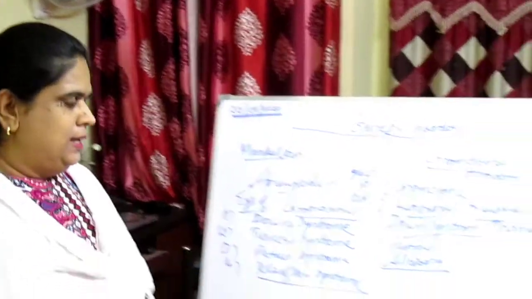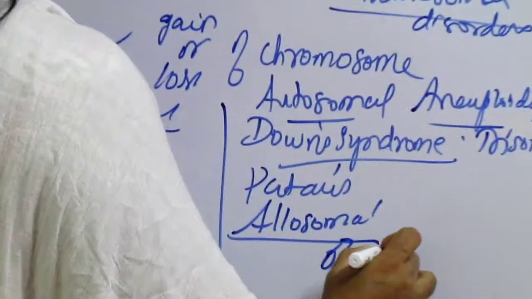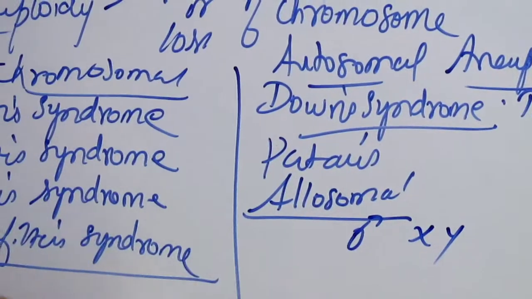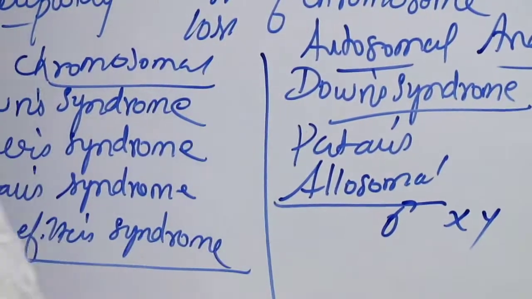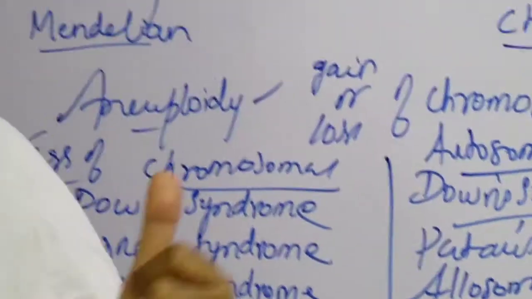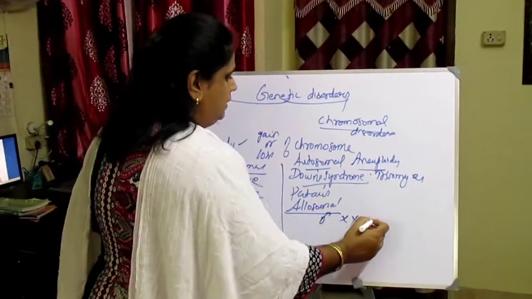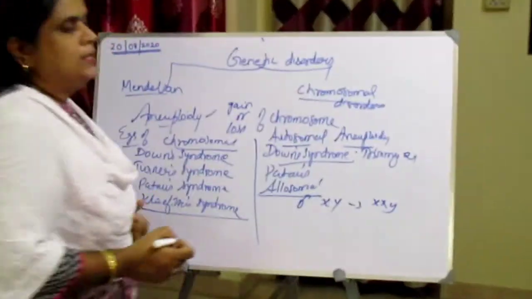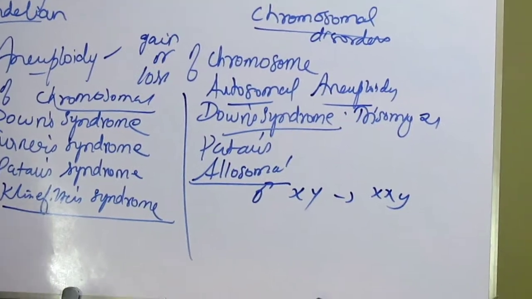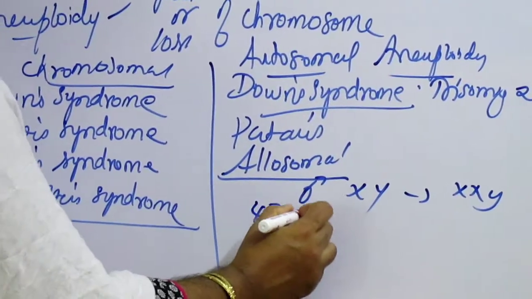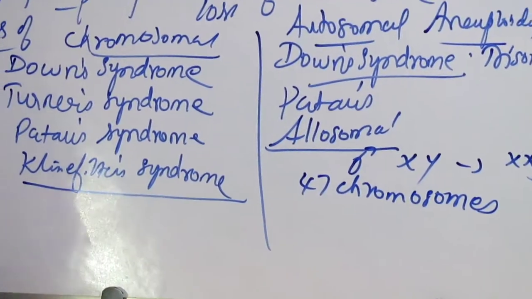Actually, males have one X and one Y chromosome, is it not? But in the case of Klinefelter syndrome, they have an extra copy of the X chromosome, that is XXY. So persons with the syndrome have 47 chromosomes.